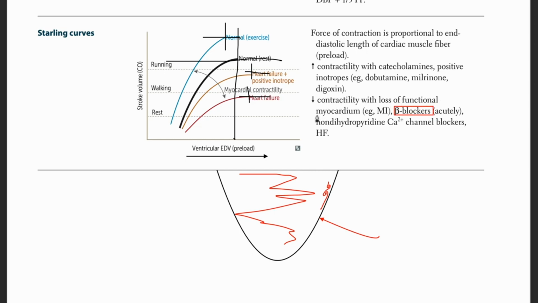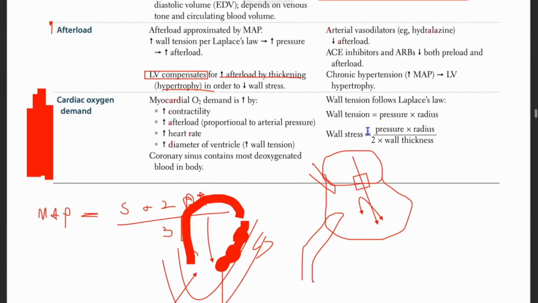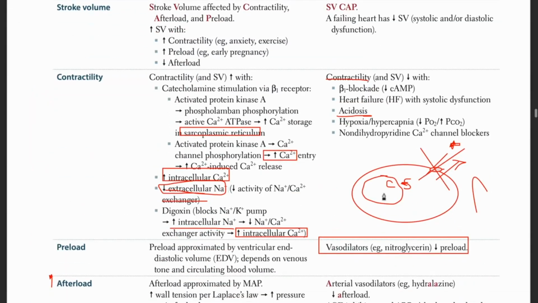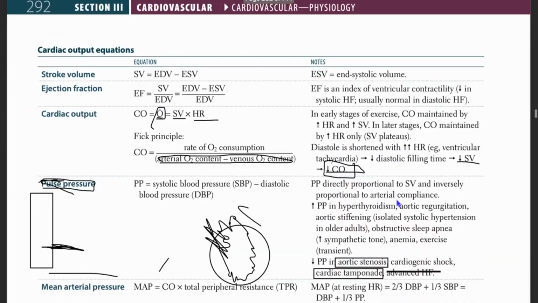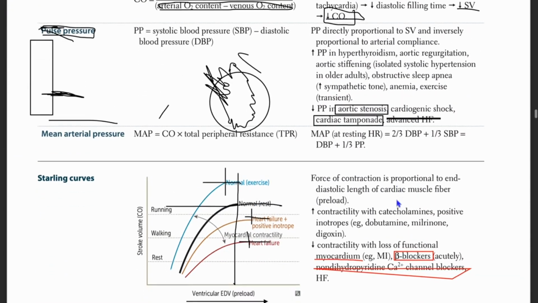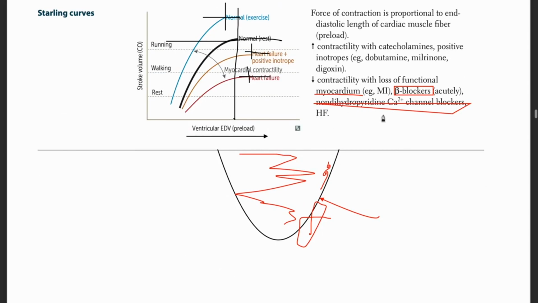With loss of functional myocardium, for example MI, if these fibers right here are dead, they're not going to function, so you're going to have a decrease in contractility. Non-dihydropyridine calcium channel blockers, these are the ones that act on the heart, and they block the calcium channels, so calcium doesn't come in. I think that's what it is, but we'll check it in First Aid after.